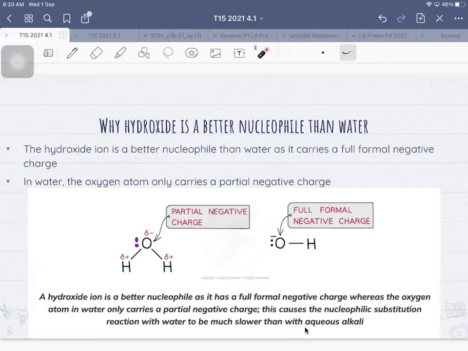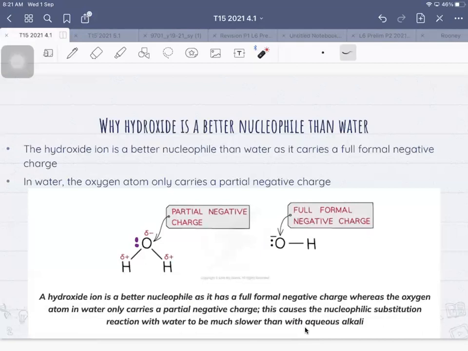So a hydroxide ion is a better nucleophile because it has the full negative charge, whereas the water molecule only has a partial negative charge. Because of this difference in the size of the charge, of course, the nucleophilic substitution rate will also differ. Hydroxide ion will be quicker at attacking your halogenoalkanes compared to water.